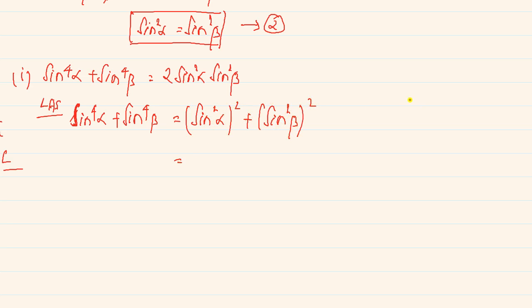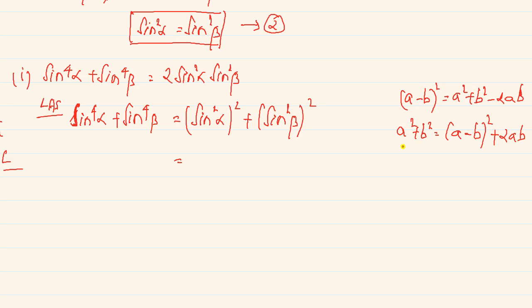Okay, so we know that a minus b the whole square is equal to a square plus b square minus 2ab. So what we need is this in the a square plus b square format. So a square plus b square is equal to a minus b the whole square, and moving the minus 2ab from the left hand side, it will become plus 2ab.